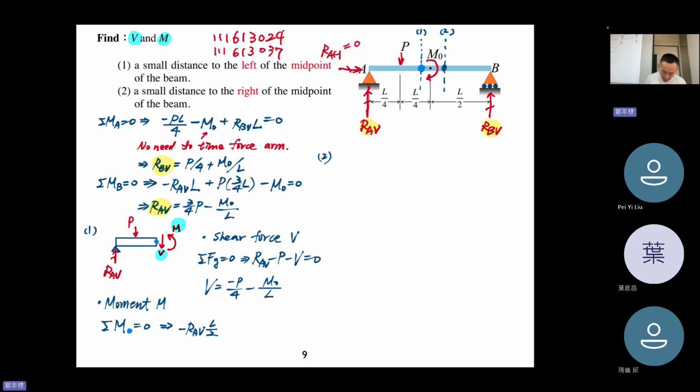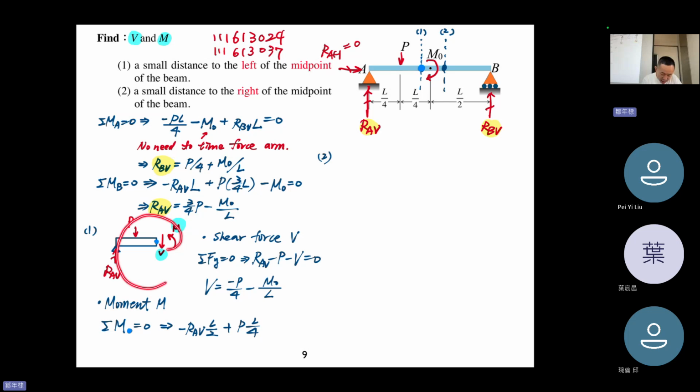And P downward becomes counterclockwise about the blue dot, so it should be plus PL divided by 4. And the M here is counterclockwise.